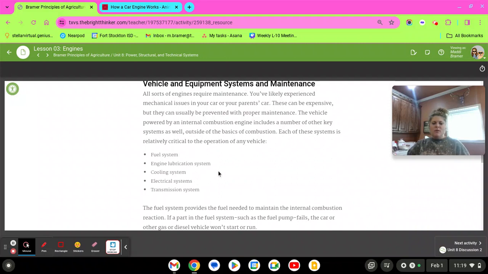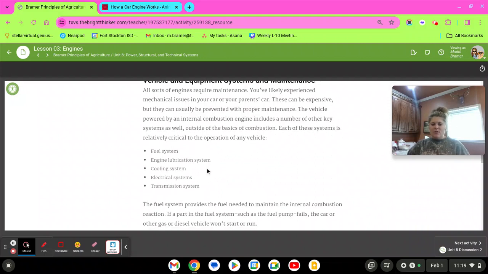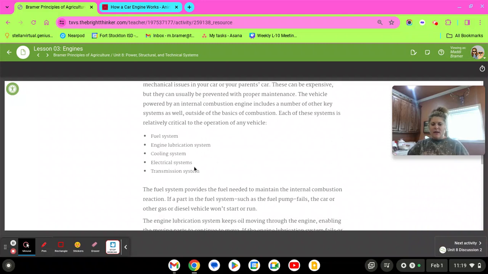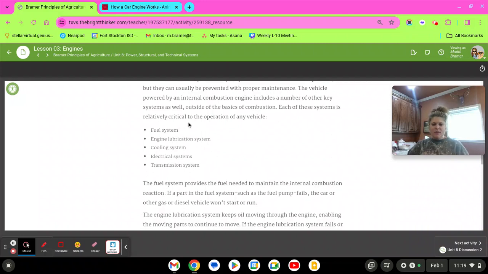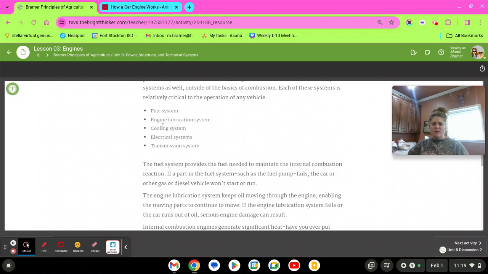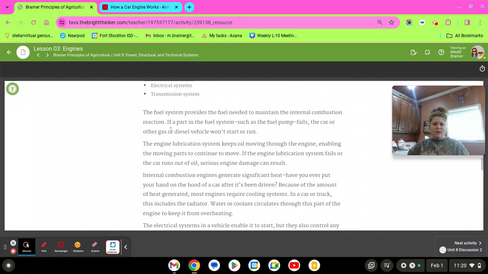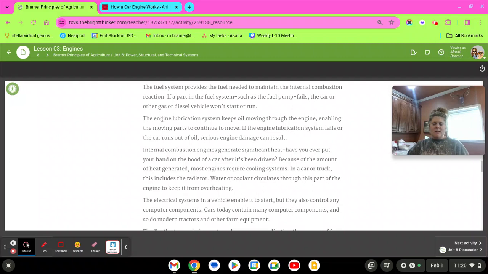So it's important to maintain and know how to perform maintenance on your vehicle. This is what's going to make them last longer. So each system is crucial to the operation. So your fuel system, the engine lubrication system, the cooling system, electrical systems, and transmission. So the fuel system provides the fuel needed. The engine lubrication system keeps oil moving through the engine.